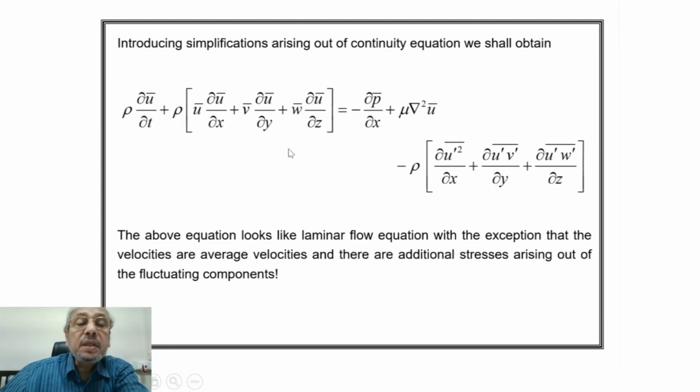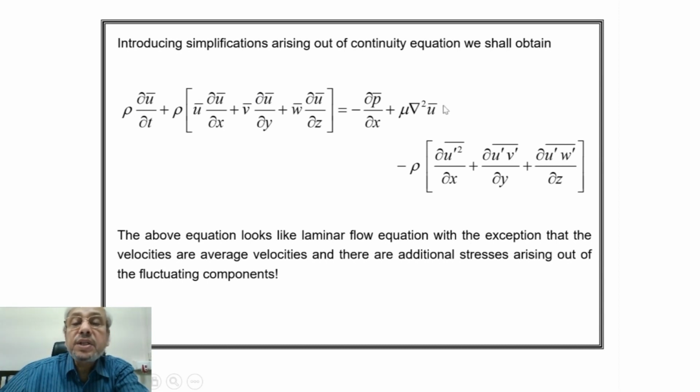All these terms are there, only u and v are written as average quantities. This term is also there, the difference being p is written as p bar, and the term mu grad square u is also there, where u is u bar.